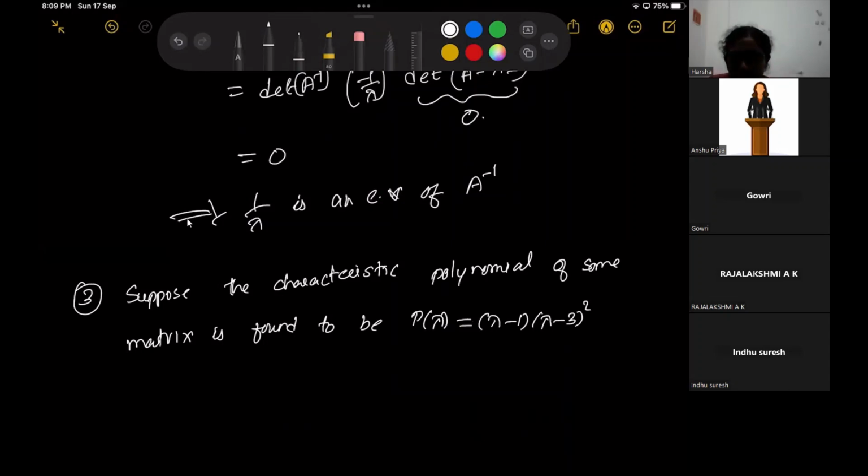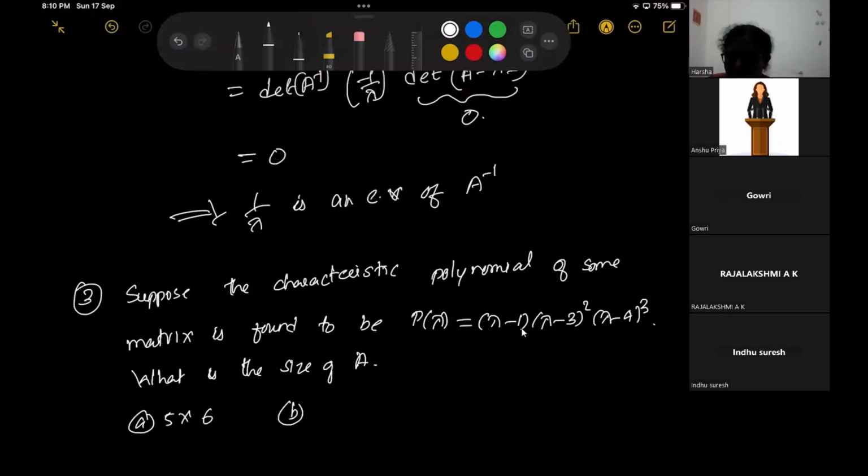So the question is, we are given a characteristic polynomial of some matrix. The matrix order is not specified. The question is to find the order of the matrix by checking the characteristic polynomial. This is the characteristic polynomial: lambda minus 1 into lambda minus 3 square into lambda minus 4 cube.